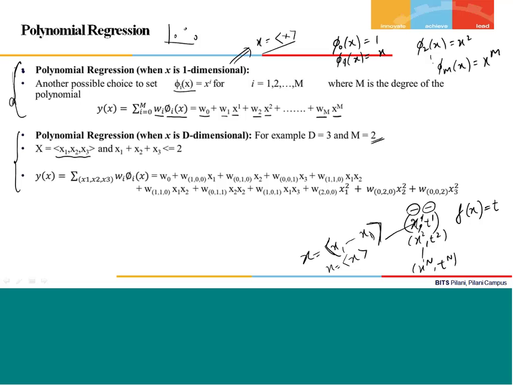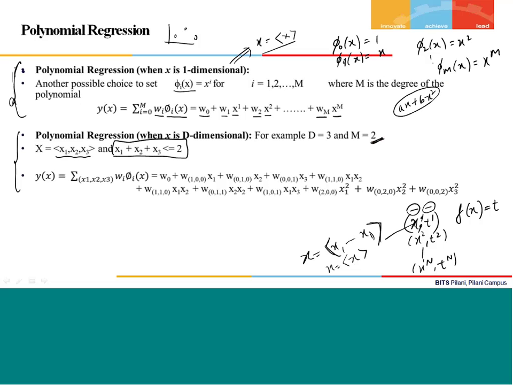Order 2 means ax plus bx square, a second order polynomial where the maximum degree can be 2. I want to design this polynomial. What could be my basis functions? Because I decided that the degree of the polynomial should not be greater than 2, this is what I need to follow.